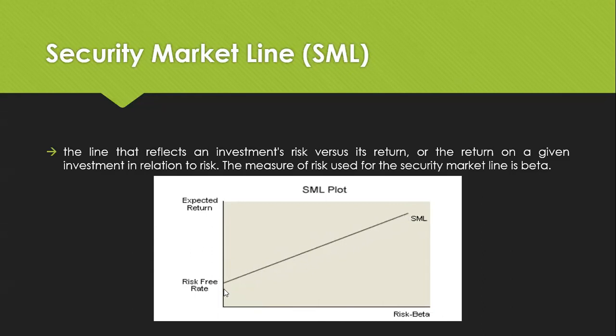Now why doesn't it touch zero? If the risk is zero, we still need a risk-free rate, and the risk-free rate is not zero either. Again, the risk-free rate is determined by government securities, so we still need to have an expected return. Otherwise, why would we invest if we expect no return? If you are presented with a zero-risk investment, what do you risk?